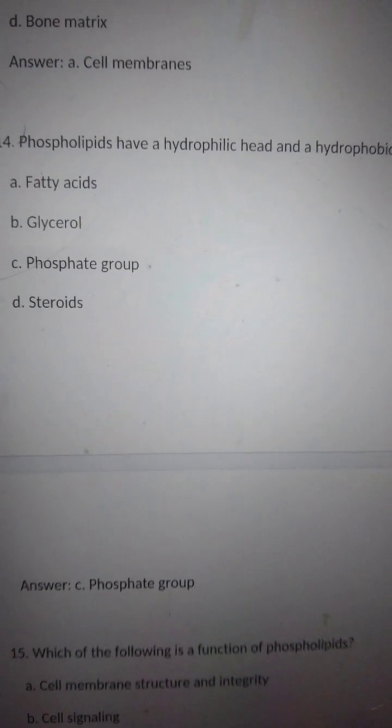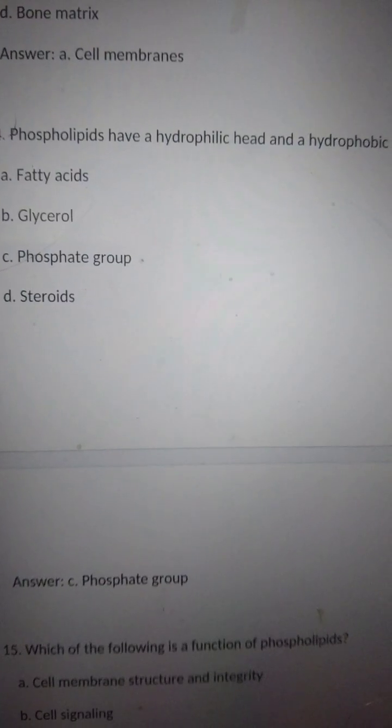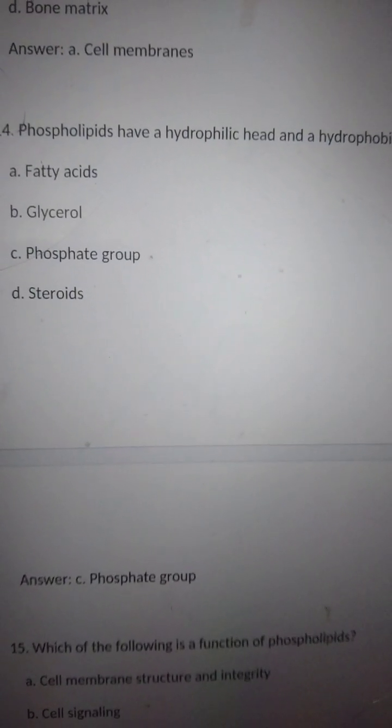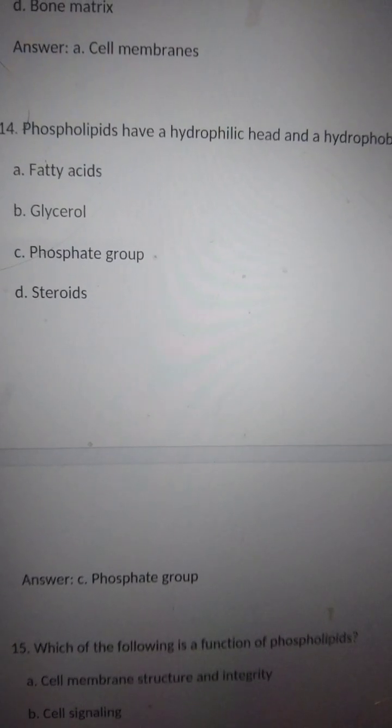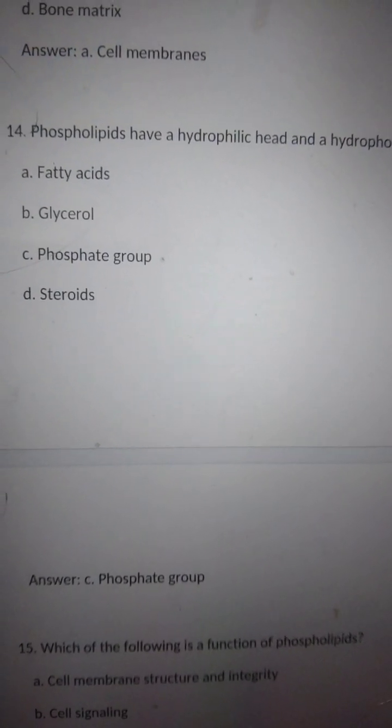Phospholipids have a hydrophilic head and hydrophobic tail. The hydrophilic head contains fatty acid, glycerol, phosphate group, or steroid? The answer is phosphate group.